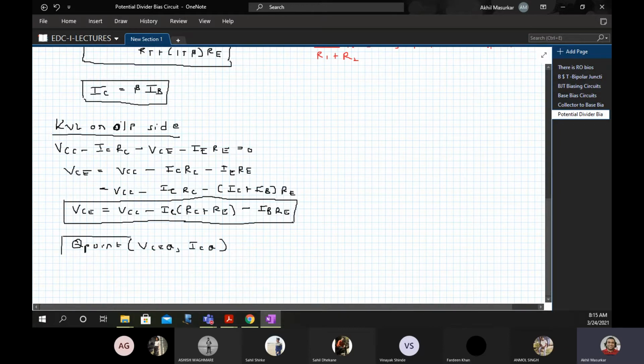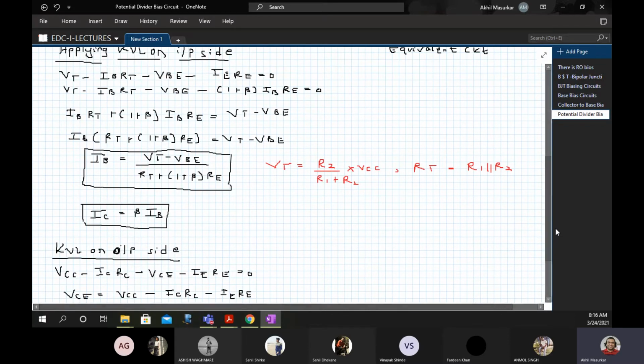So this is one of the most widely used circuits, that is basically your potential divider bias circuit. Now we will see why through some examples.